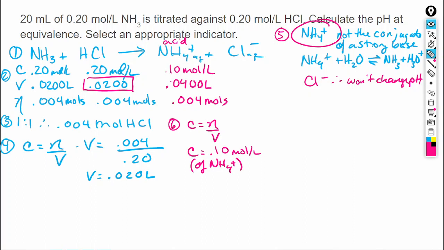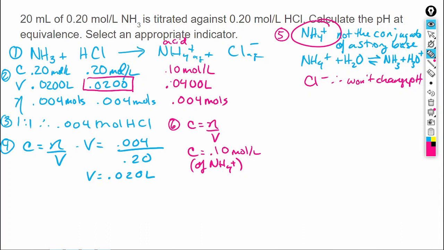So if that's 0.1 moles per liter, what do I have to do next? Oh no, not yet. That's the concentration of all the NH4 plus, not the concentration of the hydronium. I have to find the concentration of the hydronium ion.